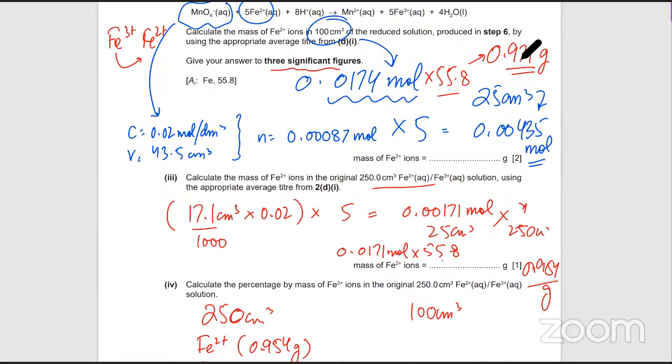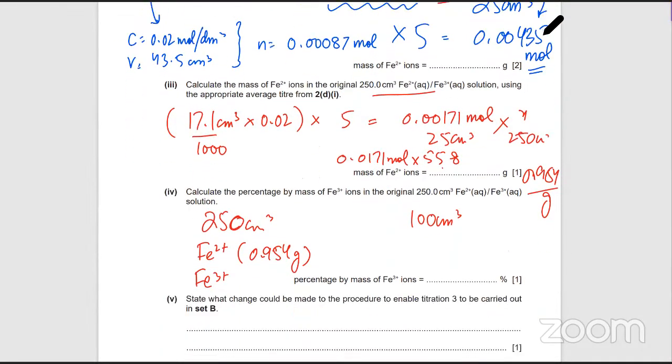We had 0.971 grams, right? इसको पहले एक्सट्रैपलेट करो कि अगर आप 250 cm³ लेते तो कितनी मास आती है Fe2+ की? मतलब into 250 divided by 100. 2.427. So you're getting 2.427 grams, right?